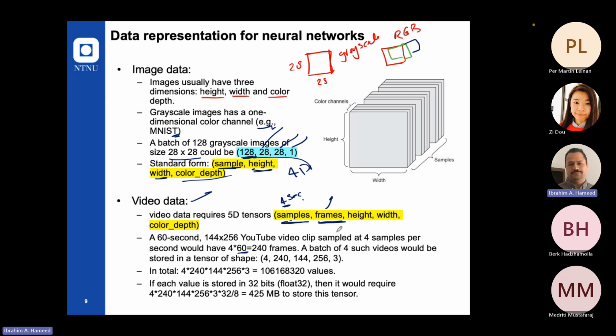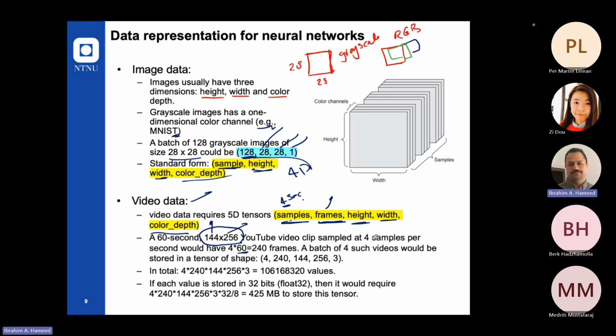And each frame is one RGB image, a single image, represented as height, width, and color depth. So we have this example here. We have 60-second YouTube videos, and each is 144 times 256: 144 is the height, 256 is the width.